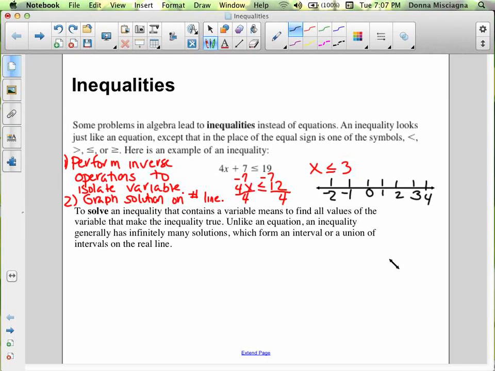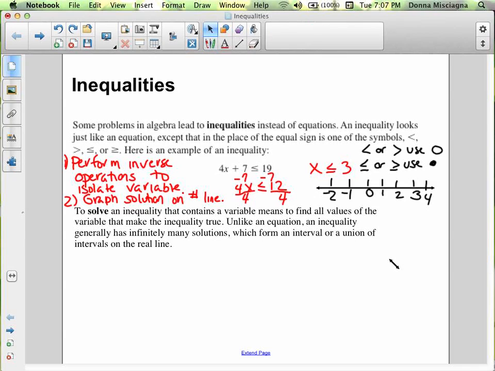If you have less than or greater than, use an open circle for graphing. If you have less than or equal to or greater than or equal to, use a closed circle. Less than or greater than means that the point's not included. Less than or equal to, greater than or equal to means the point is included.